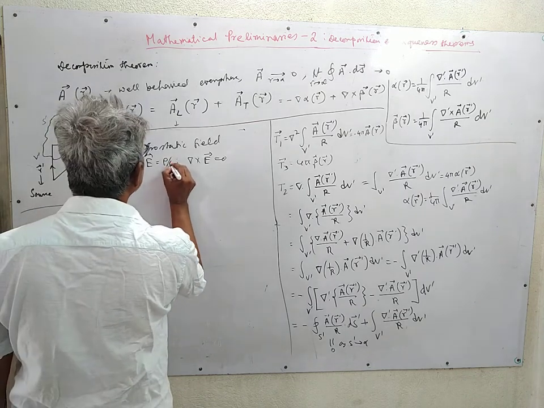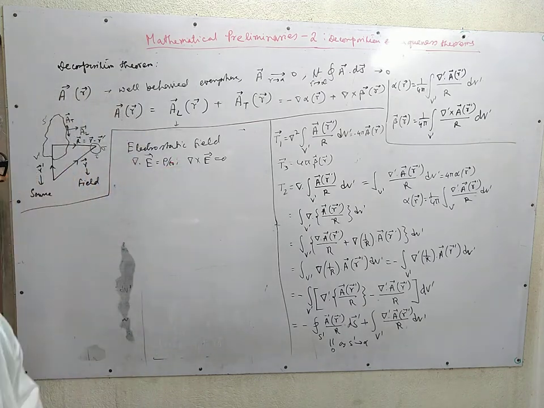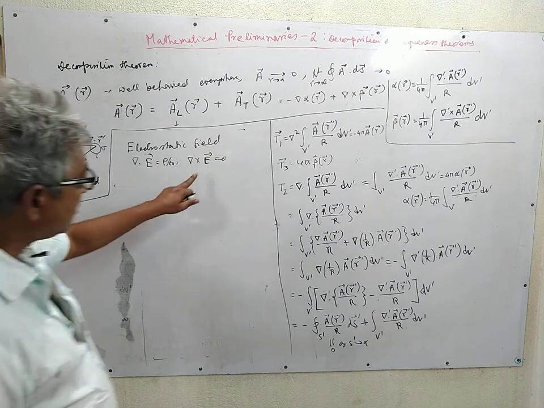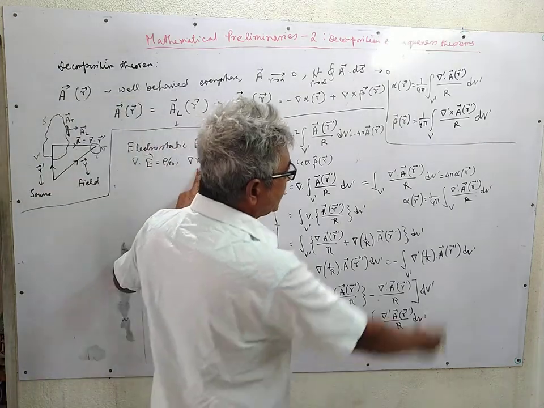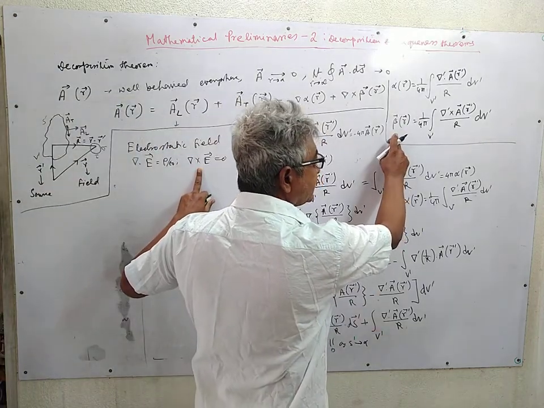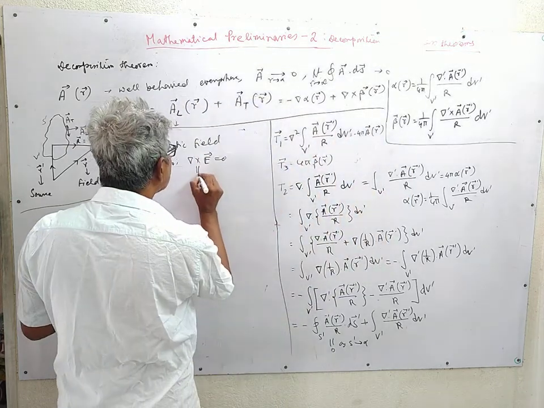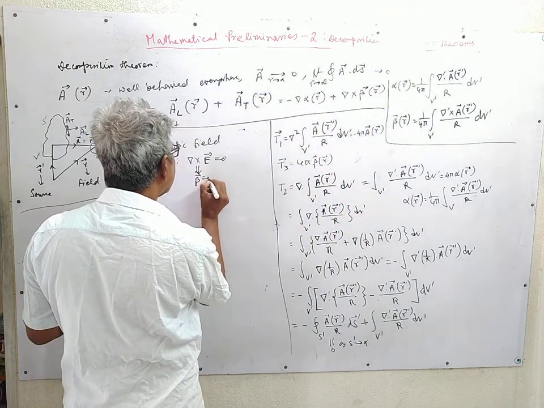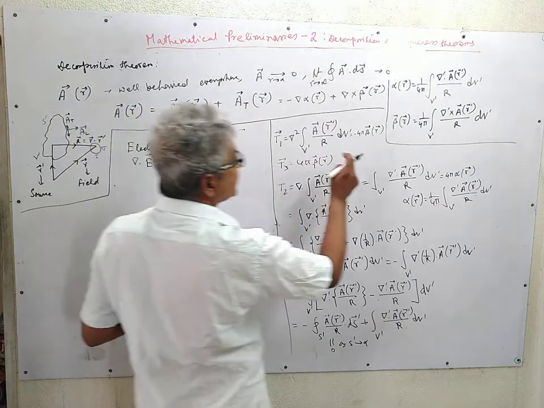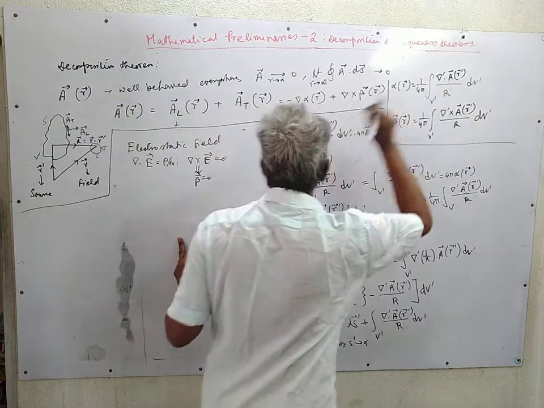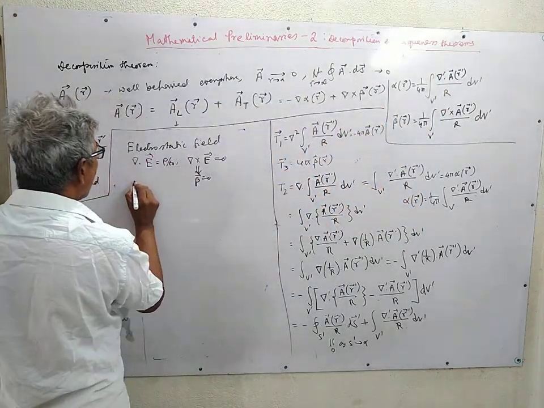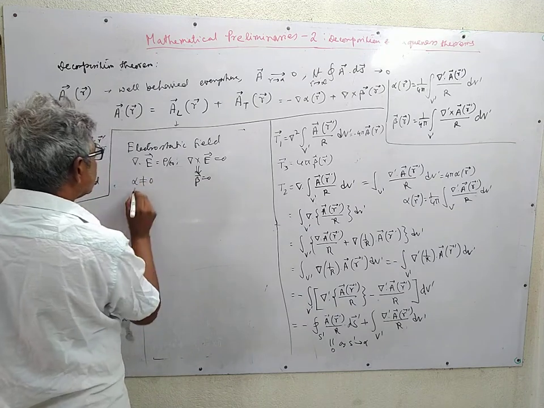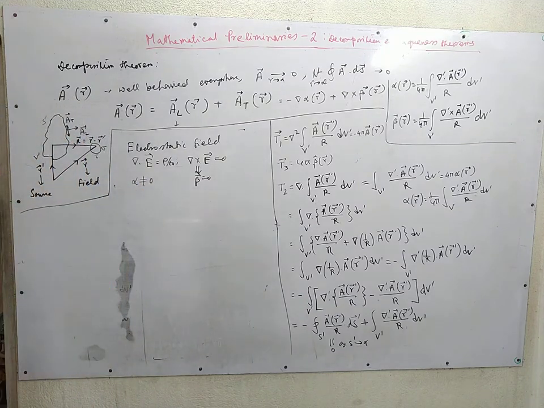Since curl of E is 0, the vector potential is 0. So this denotes that beta is a null vector, and since divergence is non-zero, the alpha is not 0. This is the electrostatic scalar potential or gravitational potential.